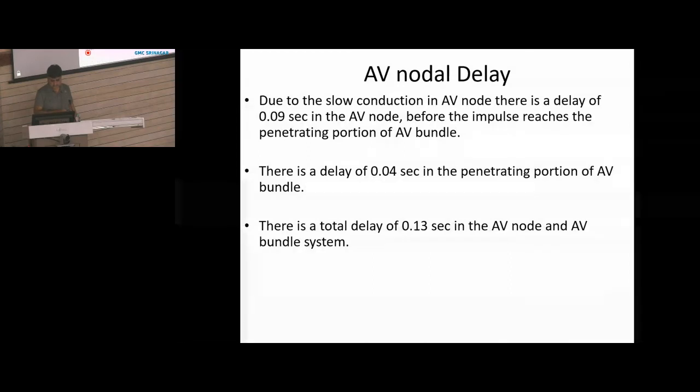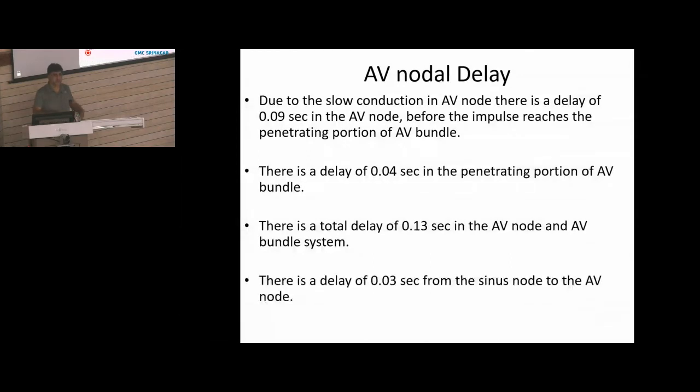And then this I told you already, the duration of impulse from SA node to AV node was 0.03. So this is the total time that is taken by the impulse to reach from SA node to the tip of the ventricular septum. 0.13, you add, one is this, 0.09, 0.04, this adds up to 0.13, then add a further 0.03 that takes from SA node to AV node.